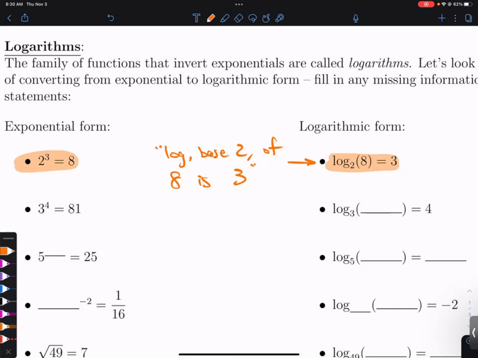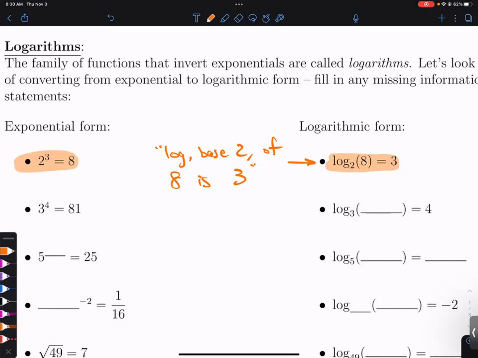The log base 2 tells you what kind of logarithm you're doing, right? So it tells you about the base the same way that the base works here. This means that the thing that we're looking at is multiplication by 2. The log base 2 of 8 means, how many copies of 2 are in 8? Well, 3, right?